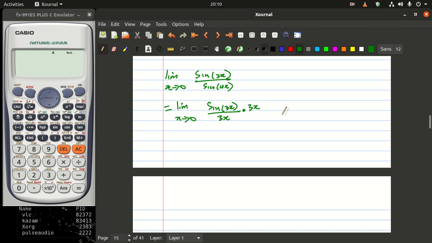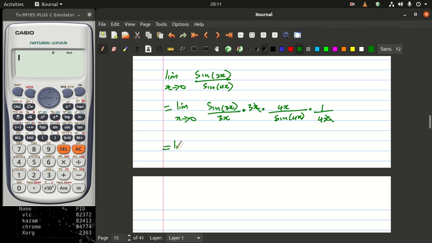I'm left with that. And secondly, I can deal with 4x divided by sine of 4x. But the issue here is that I did not have a 4x, so I still need to divide by another 4x. So this 4x and that 4x can cancel out. So this x here is gone because of that x, right?